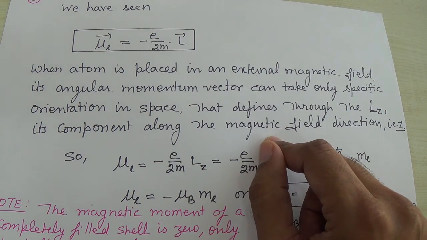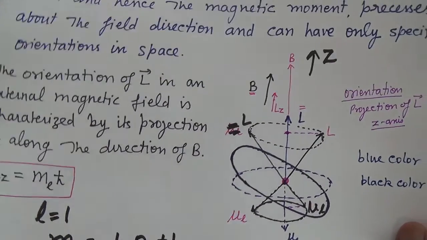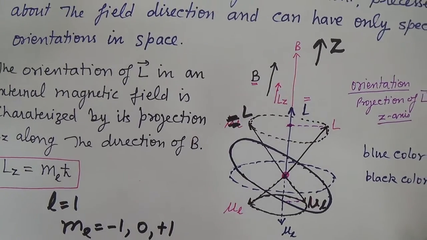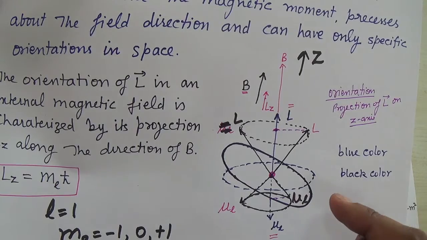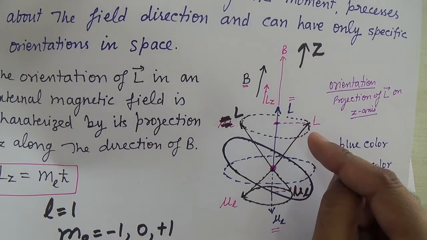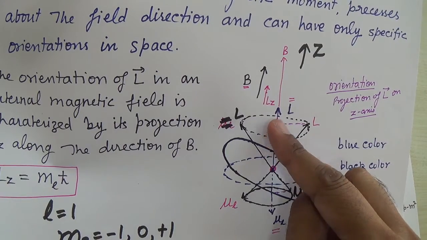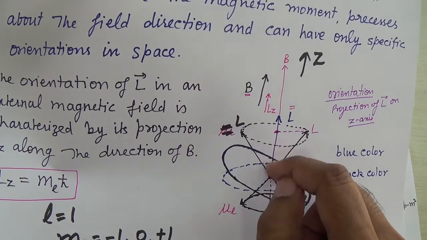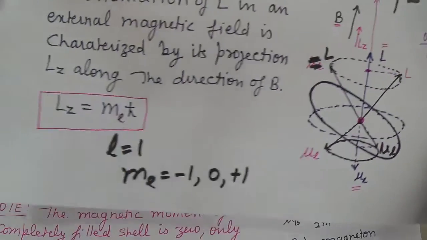But in the earlier slide I told you that when an atom is placed in a uniform magnetic field, it starts to precess around the Z axis and has different orientations in space. When I take this orientation and its projection on the Z axis, the length of this projection is determined by Lz.